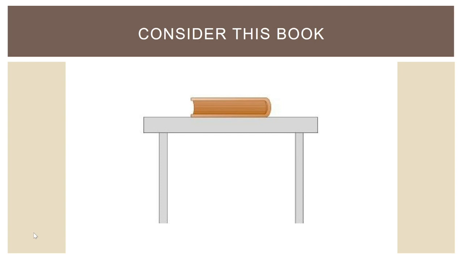If the book has a downward force acting on it, but the net force is zero because the book is not accelerating, then there must be an upward force acting on the book. That upward force is the normal force. The normal force is a force exerted by a surface on an object which is perpendicular to the surface. So the normal force is actually a force exerted by the surface itself.